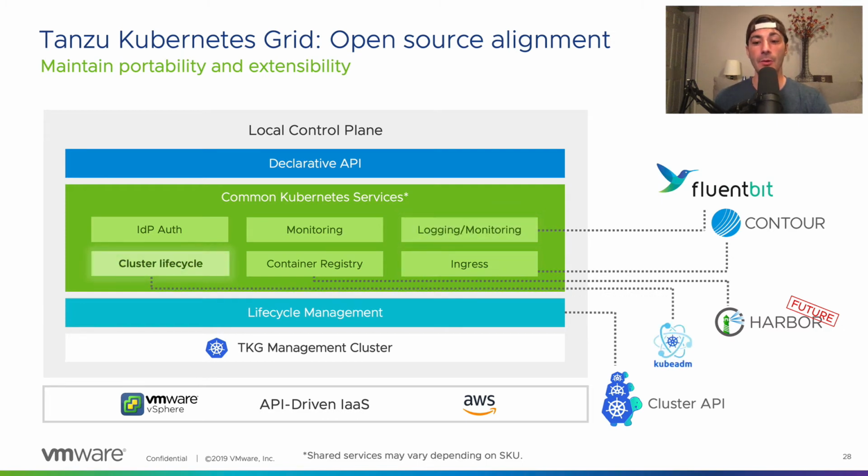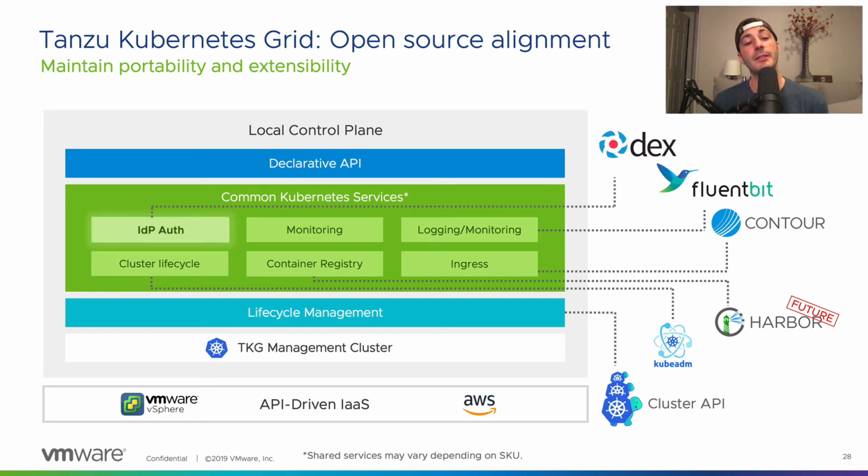kubeadm is another open source component, also included with Tanzu Kubernetes Grid. This is responsible for your cluster lifecycle components of actually building the clusters and making them come together. Cluster API utilizes kubeadm underneath the covers. You don't see it, but it's being used underneath. And not only that, we'll be able to use kubeadm for some upgrade capabilities later on down the line as well.